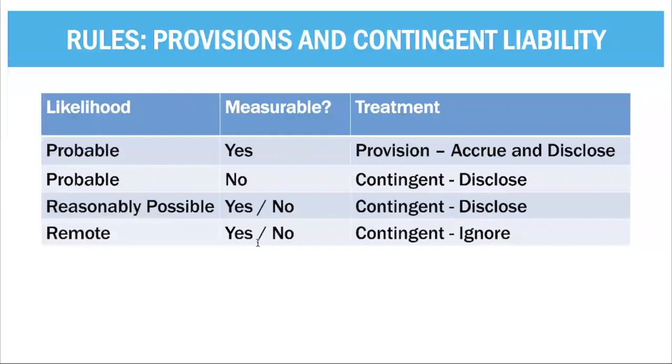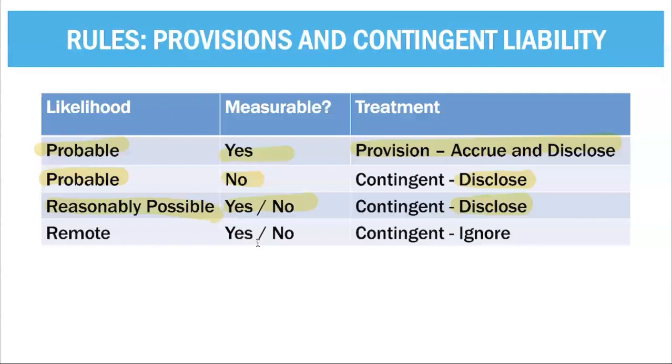Once it is probable and measurable, it is considered a provision wherein you accrue and disclose. If it is probable but not measurable, you will only disclose. It is considered as contingency. Next, if it's only possible, whether or not measurable, you only disclose.